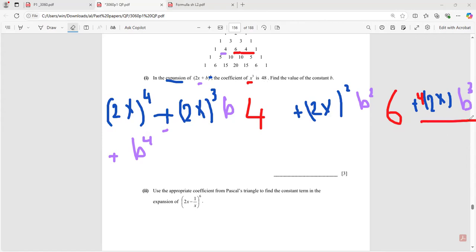So that is the cubic x. Where is the cubic x? Here the cubic x. This is the cubic b. Okay, so let's see how we did it. So 2 to the power of 3.